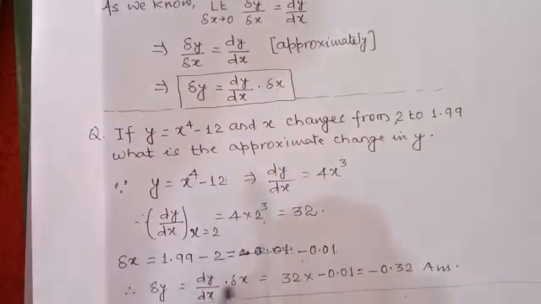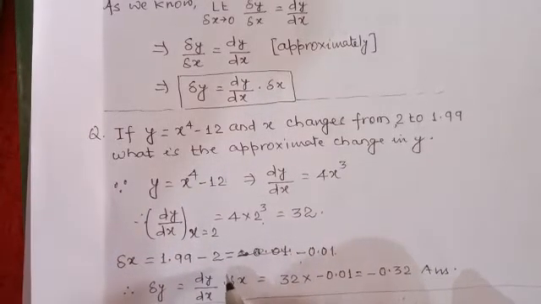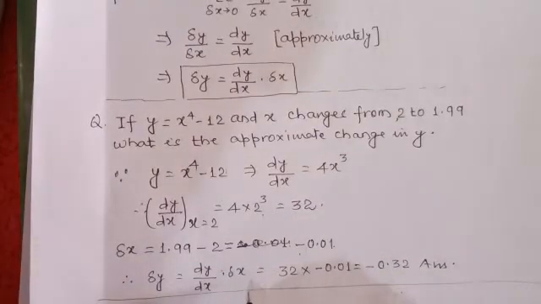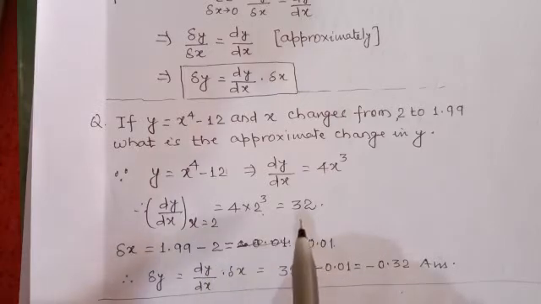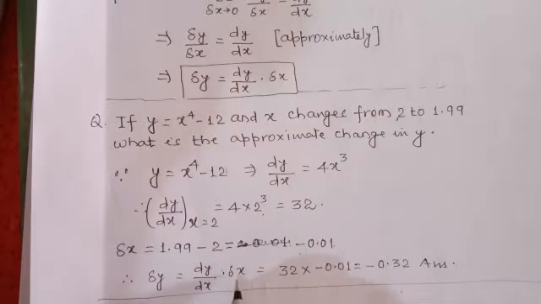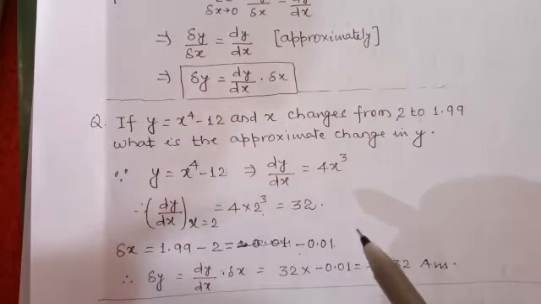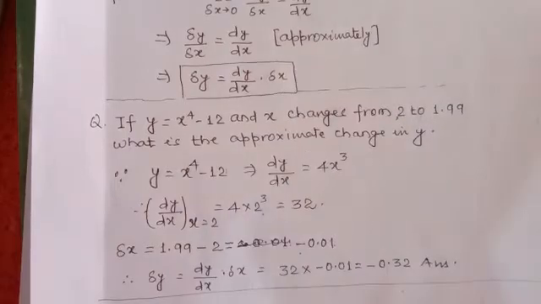Delta y, you have to find the change in y, that is delta y is equal to dy by dx into delta x. dy by dx at x is equal to 2, you have calculated as 32, into 0.01 with negative sign. Multiply, so minus 0.32. This is the change in the value of y. Now come to the next question.